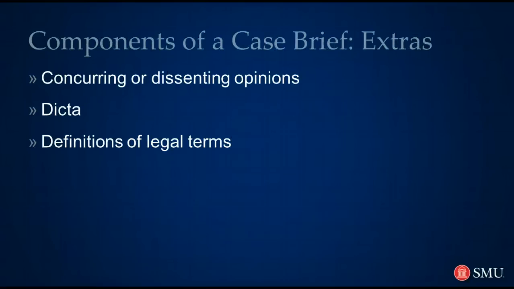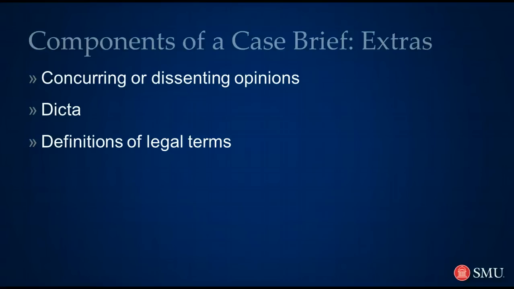We'll talk very briefly about some additional components that you'll find in some cases and not others, and therefore in some case briefs and not others. The most important would be a concurring or dissenting opinion. A concurring opinion agrees with the result, but for different reasons. A dissenting opinion disagrees. And usually if a casebook author has included those in your casebook, they did it for a reason.